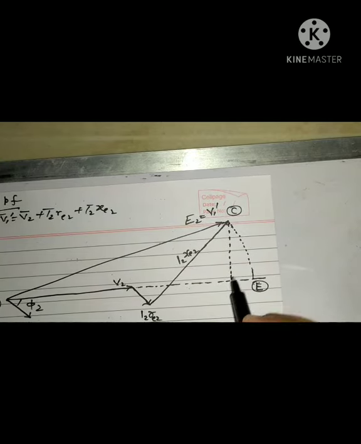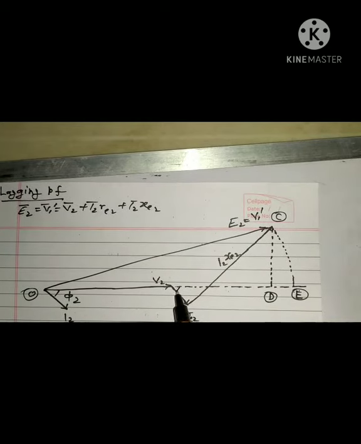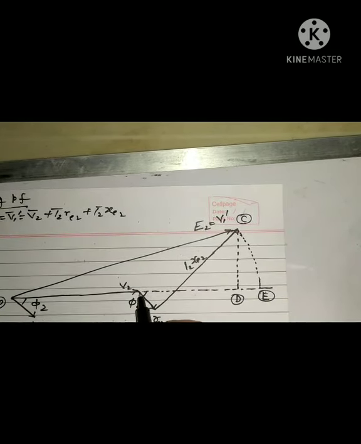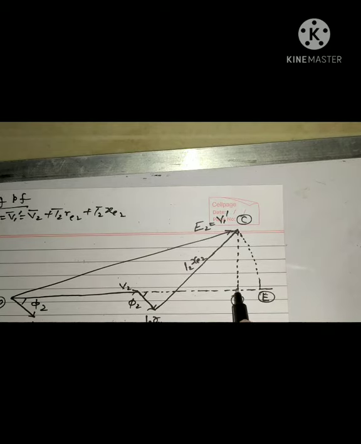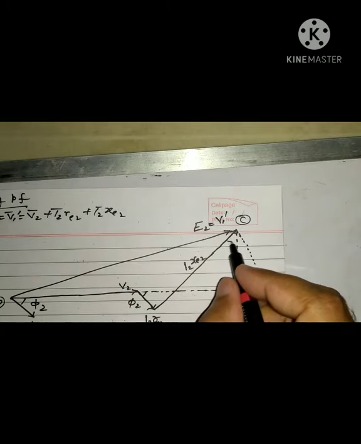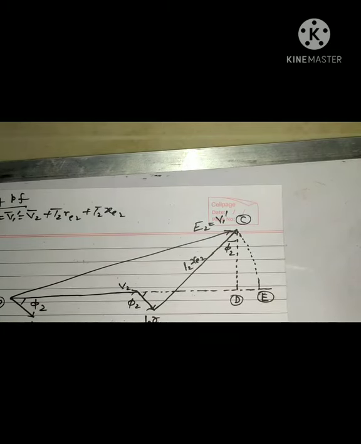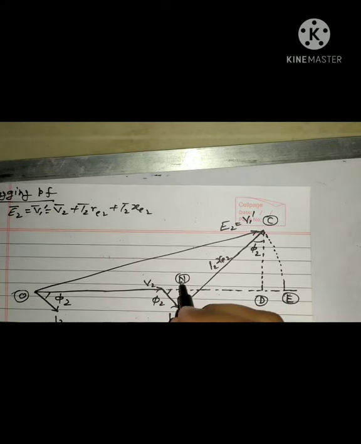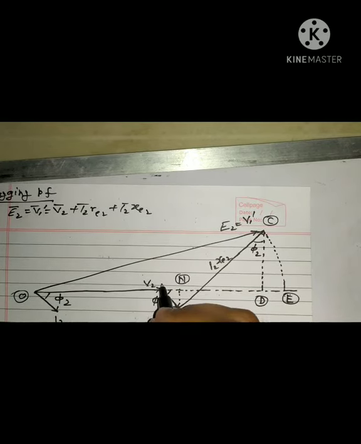Its vertical projection will be here, that is D point, say. This is phi 2, so this angle is also phi 2. Perpendicular on this is this line, and perpendicular on this is this line. Therefore this angle and this angle will be same. This is phi 2. Let me drop one perpendicular from here, and this is say A point, and this value is say n.